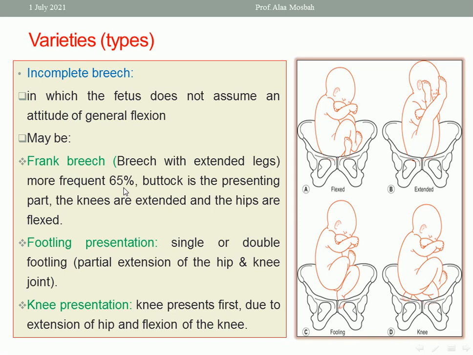Frank breech constitutes 65%, and as we mentioned, the hip is flexed while the knee is extended. Footling presentation: one or both legs, with partial extension of the hip and the knee joint. Knee presentation: the knee presents first due to extension of the hip and flexion at the knee.